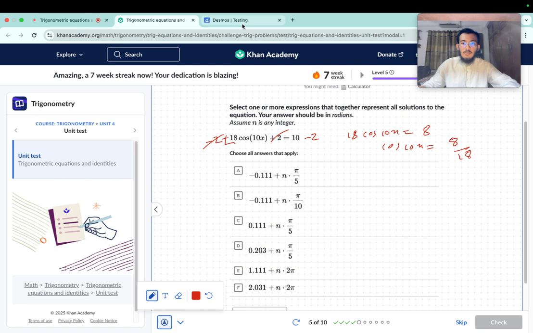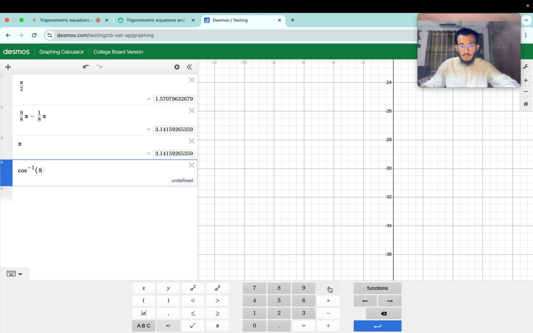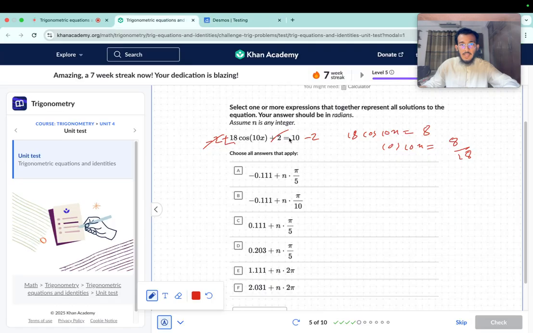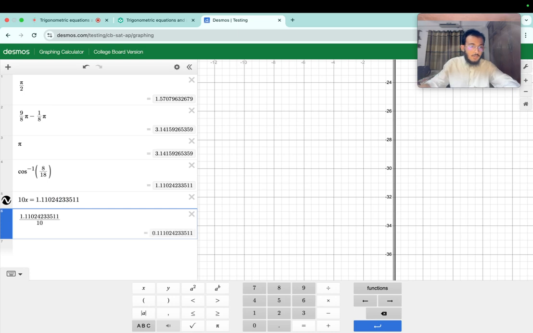So cos inverse of 8 by 18 in radians is 1.1. Now we have 10x equals this, and we divide this by 10 to get the first one, which is this.